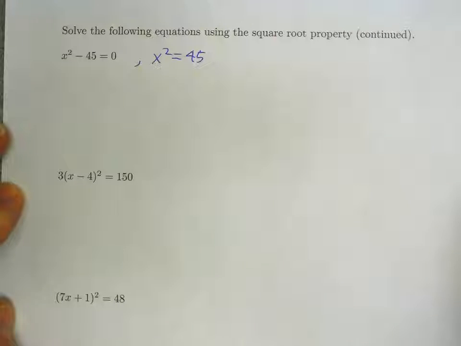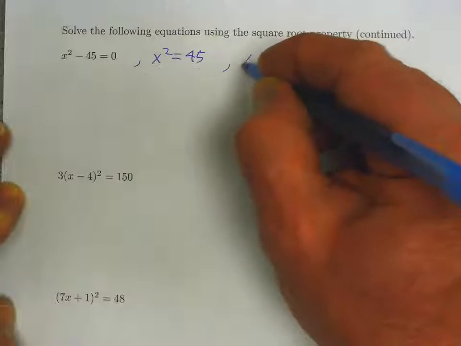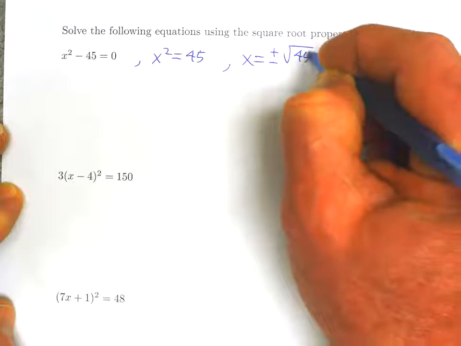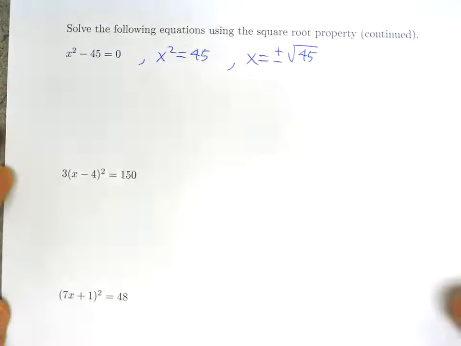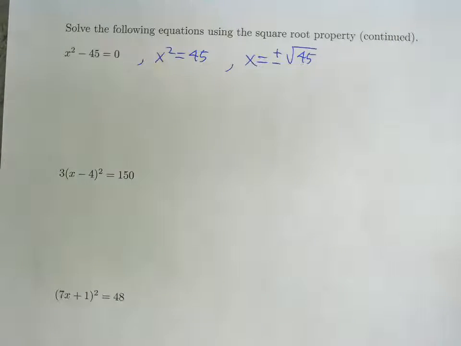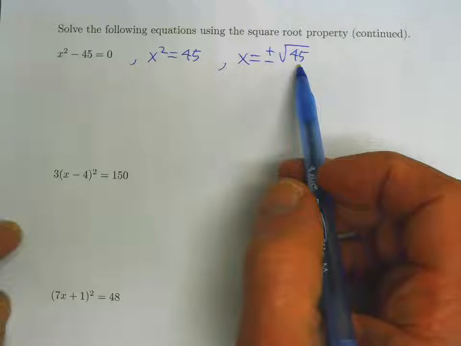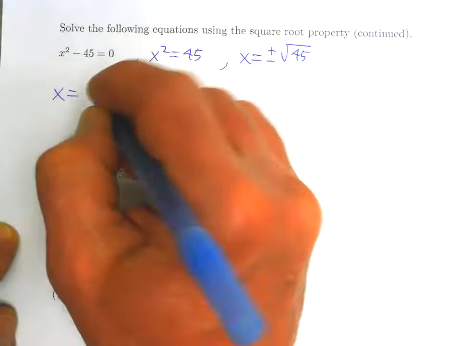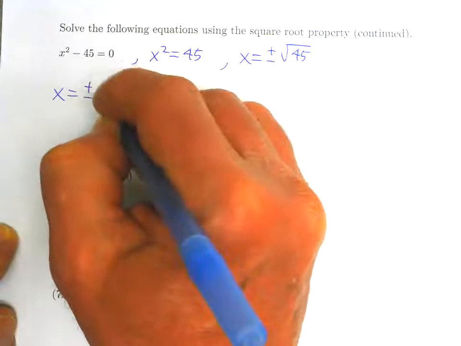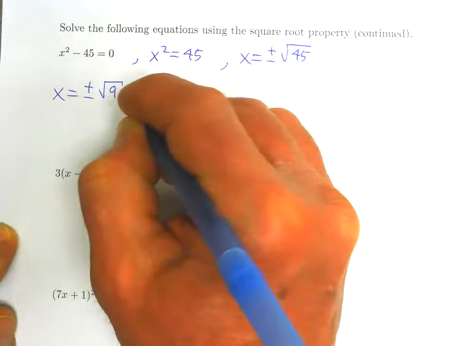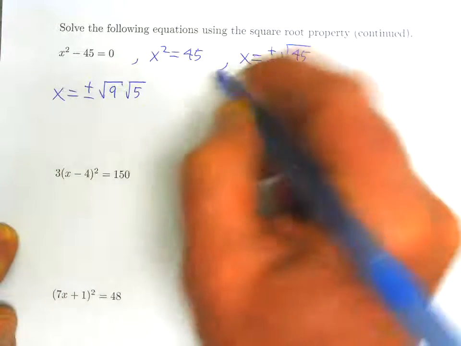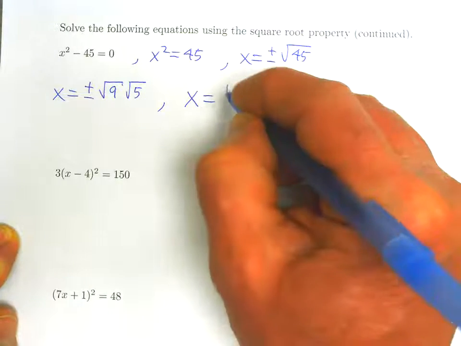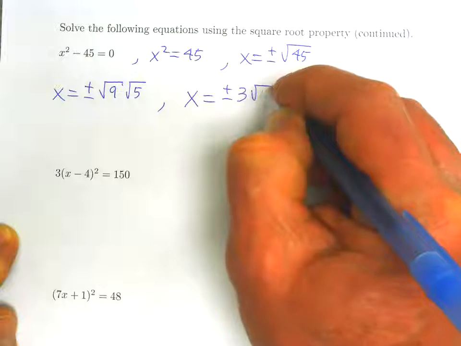So if x squared equals 45, x equals positive and negative square root of 45. The square root of 45 can be simplified. The largest factor of 45 that's a perfect square is 9, so we can write this as x equals positive and negative square root of 9 times the square root of 5. And then finally, x equals positive and negative 3 times the square root of 5.